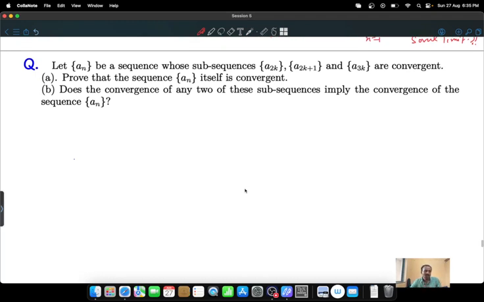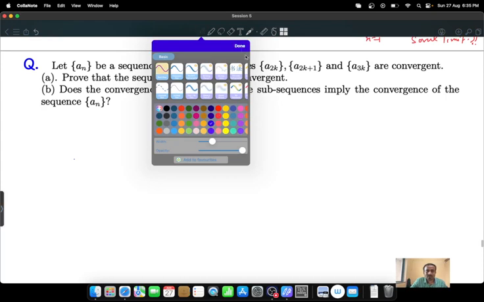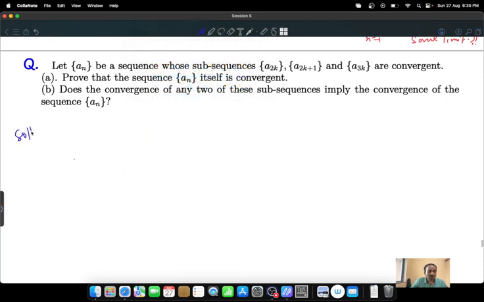So now let's solve this problem. This one is also very interesting. The problem says that if I have a sequence whose subsequences a_{2k}, a_{2k+1} and a_{3k} are convergent.